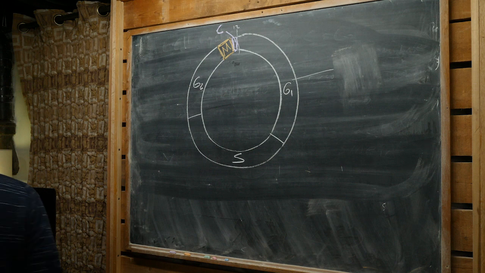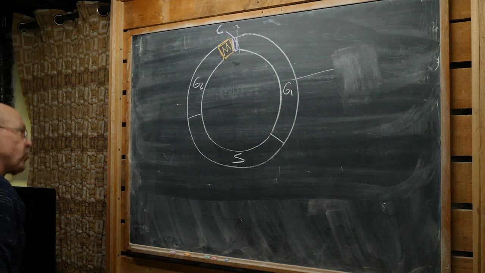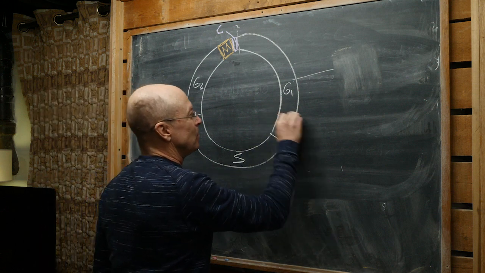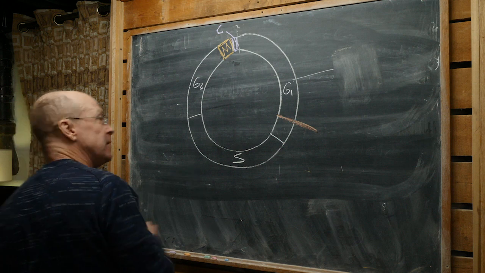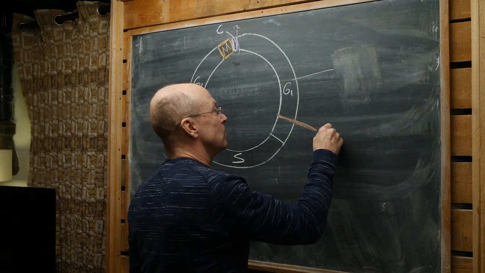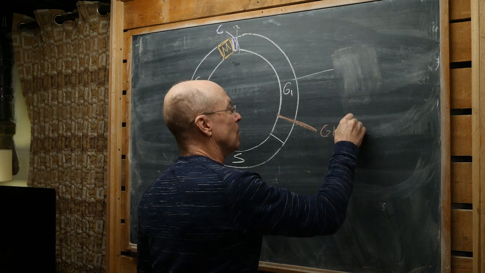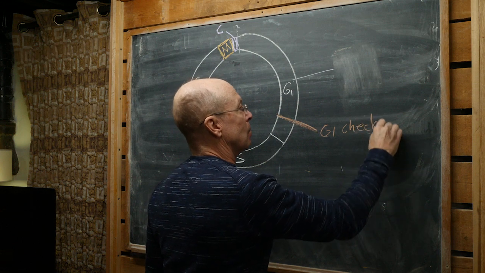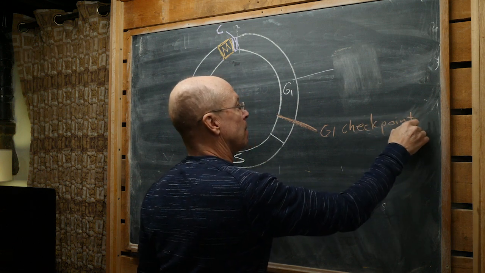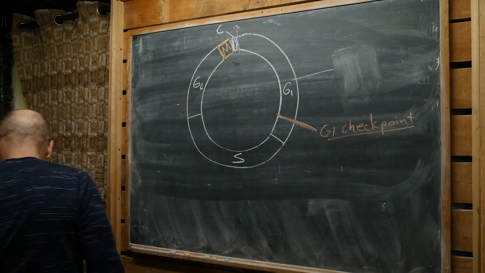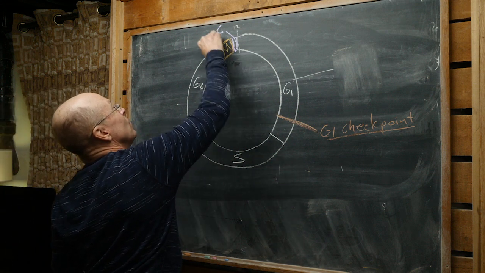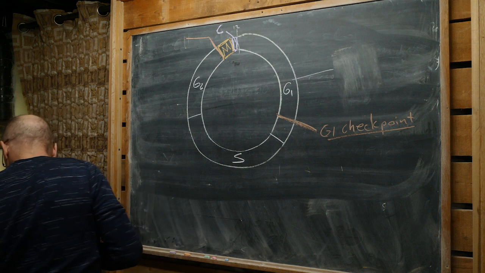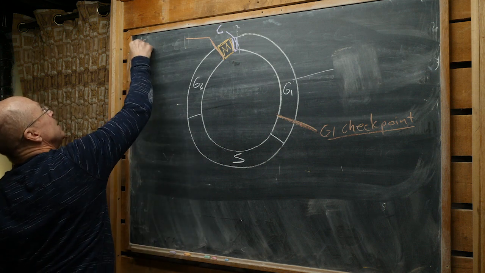What we need to do, though, is put some more stuff in here. We need to throw something in about right here and label this as the G1 checkpoint. Then we need to throw in another checkpoint right here before it goes into M. This one we're going to call the G2 checkpoint.